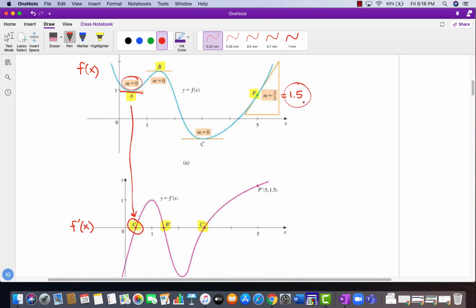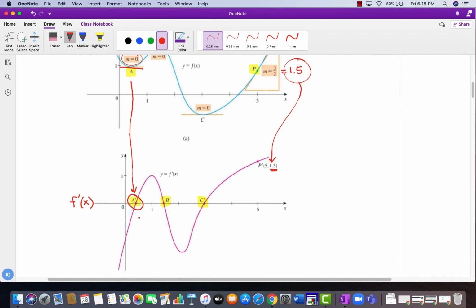Now I want you to look at the y value of point P. It's exactly the same thing. So that's how you can see the relationship between the original graph and the graph of the derivative of the function, okay?